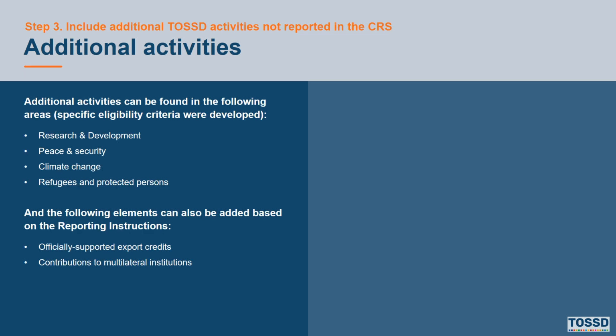These areas are research and development, peace and security, climate change, and refugees and protected persons. Officially supported export credits and contributions to multilateral institutions can also be added based on the reporting instructions.